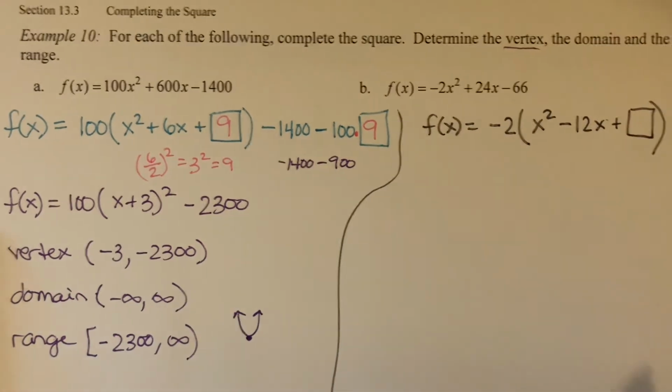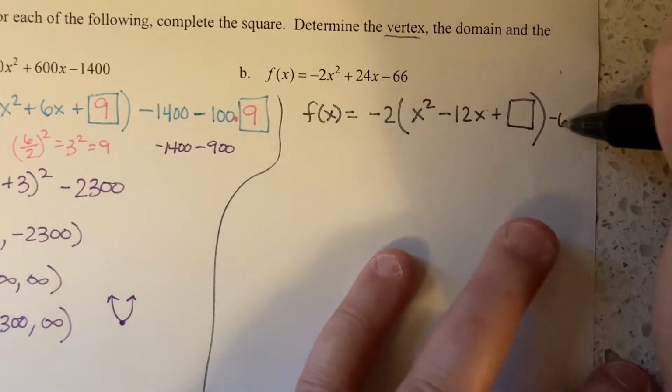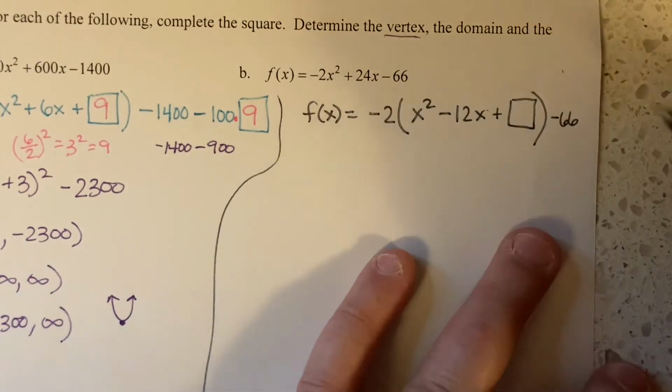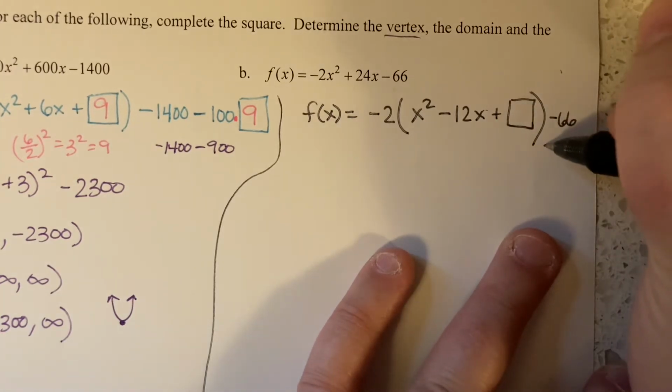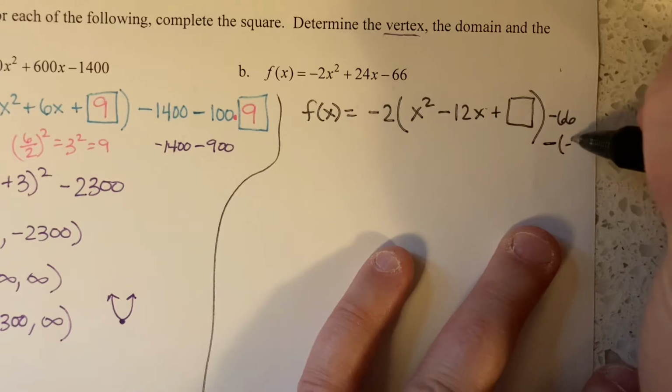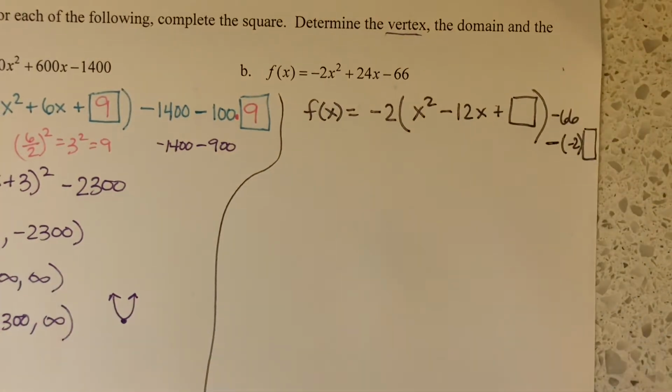And then we don't know what that is. So then I still have minus 66, but what I'm going to need to subtract to undo this addition is minus -2 times whatever this box is. And I'm totally out of room.